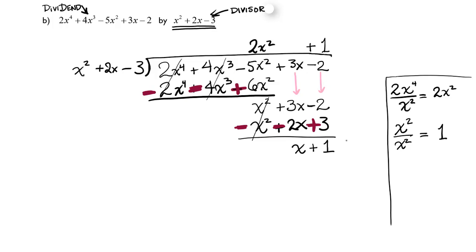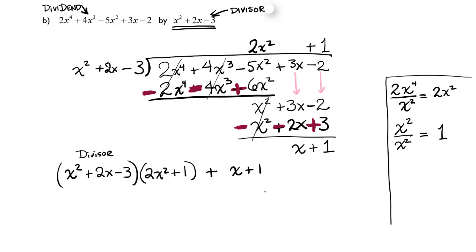This tells me that it is not a perfect factor of the dividend, but I can rewrite this as x squared plus 2x minus 3, that's my divisor, times 2x squared plus 1, that's my quotient, plus the remainder, x plus 1, is equivalent to what I originally had.